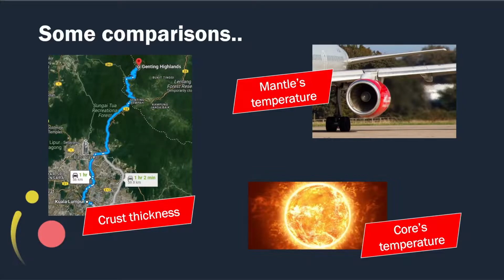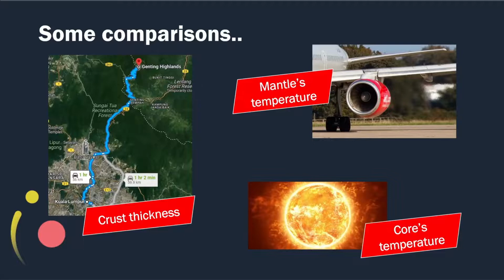For the crust thickness, the most left image is from Google Maps. So I put from Kuala Lumpur to Genting Highlands. I think most of you know where Genting Highlands is.